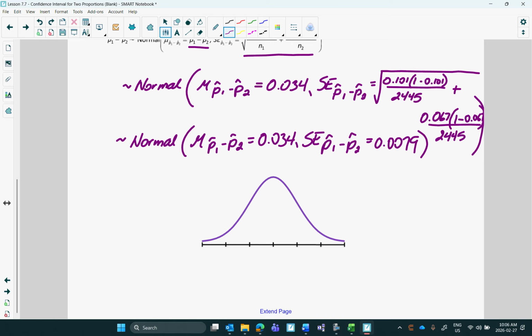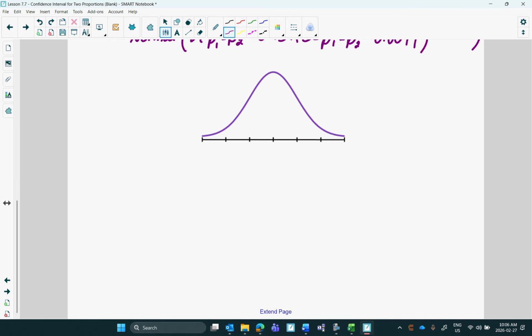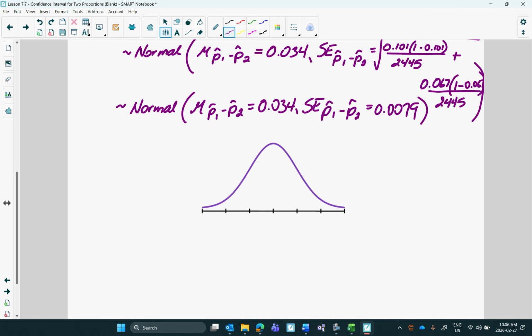So our point estimate is 0.034. Remember, we're trying to find the margin of error now. Our standard error was 0.0079. So I add that repeatedly to the right and subtract it from 0.034 repeatedly to the left.